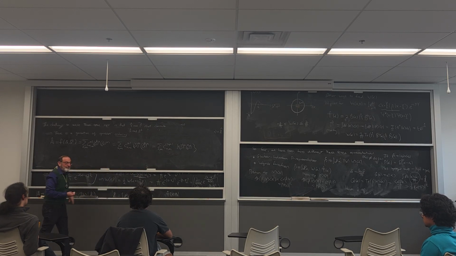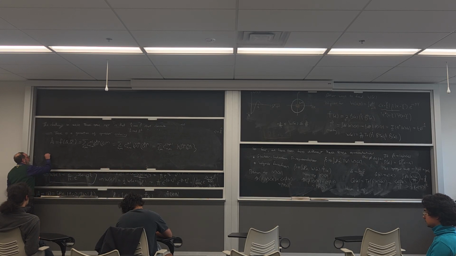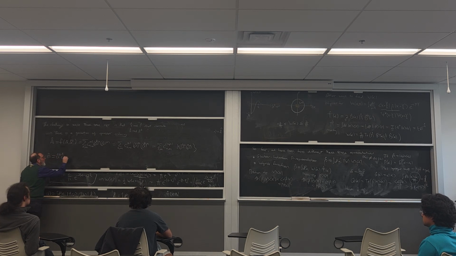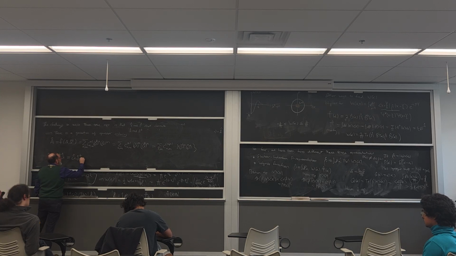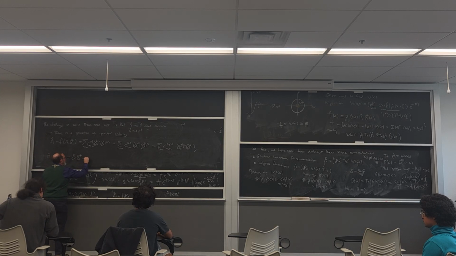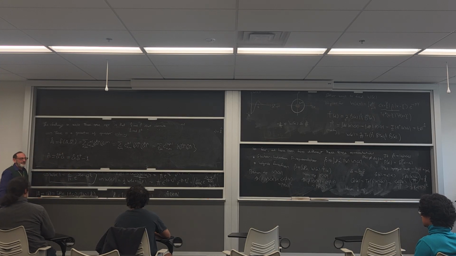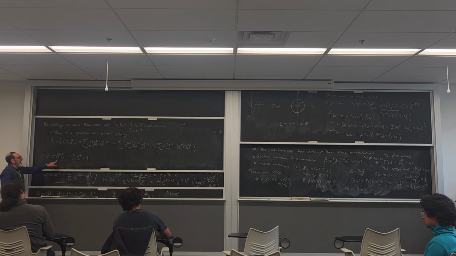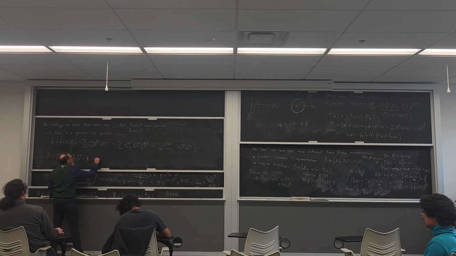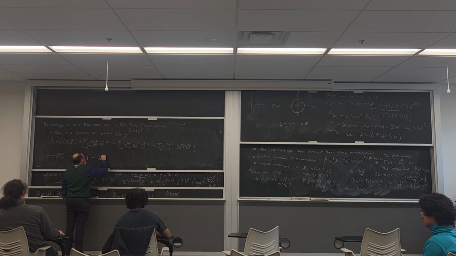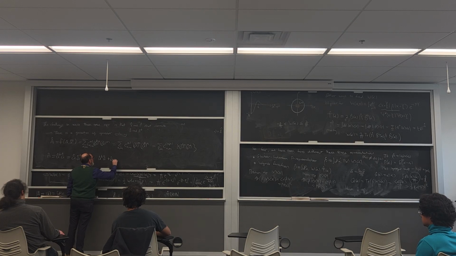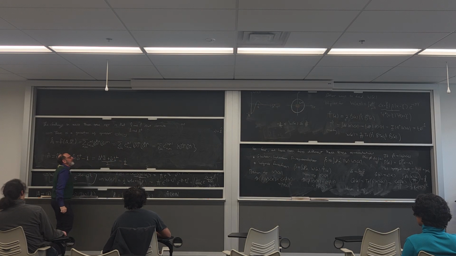Let's do an example. Let's say I look at the number operator. I can write the number operator like this, or I can write the number operator like that, right? Because I can just commute it. Or I can write it like that.